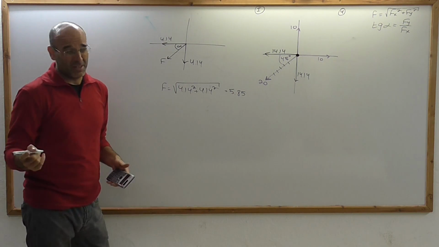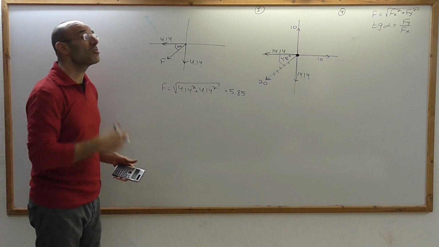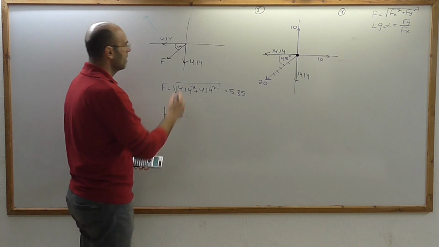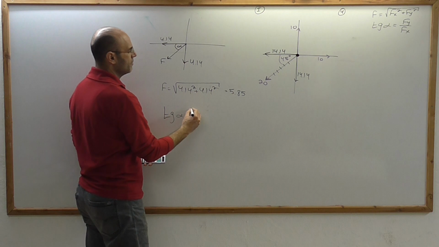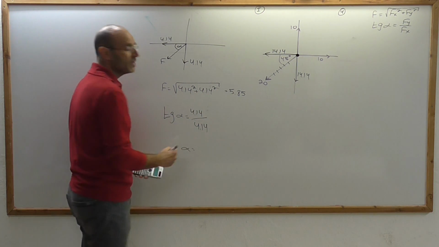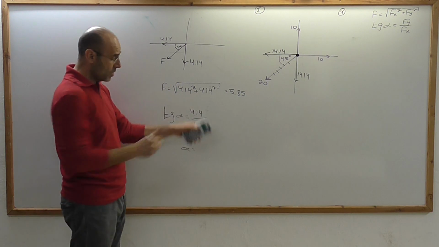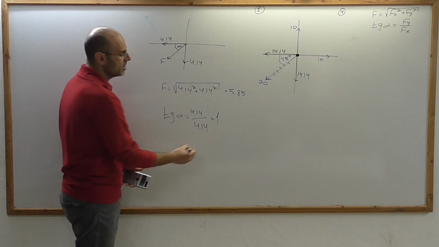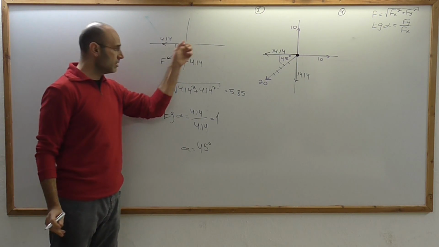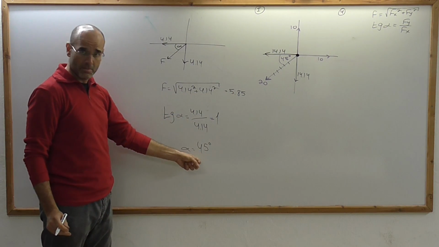Alpha, we know it's 45 degrees because it's a symmetrical problem, but suppose I didn't know, so tangent alpha equals to y over x, so it's 4.14 over 4.14, and if you do shift tangent, it's a 1. Shift tangent, you'll see you get 45 degrees. So this is the resultant vector, and this is the direction.